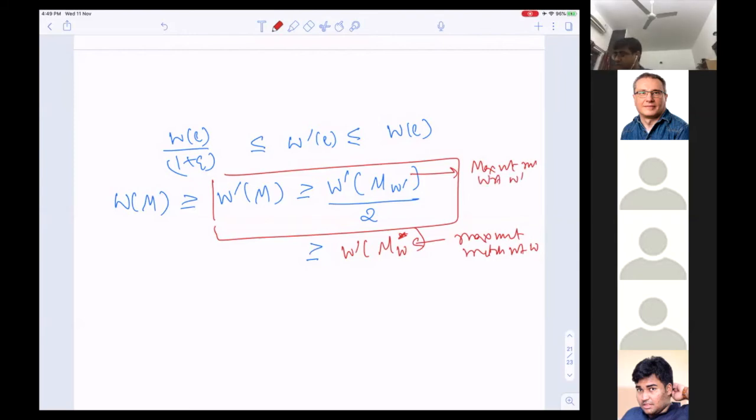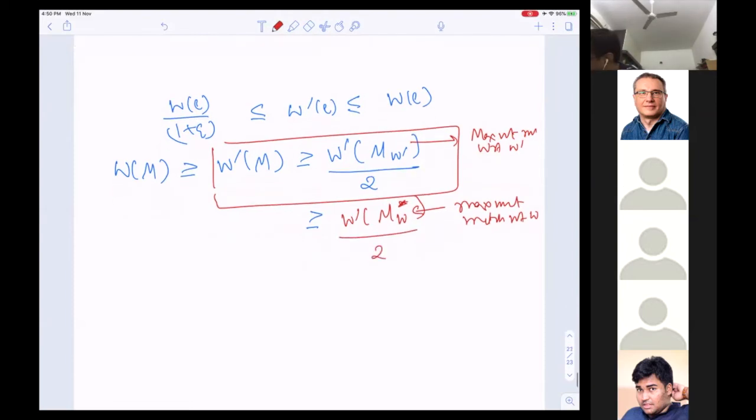Now, look, this is some set of matching edges. With respect to W prime, this is the best weight you can hope for. M star W is some set of edges. Now let's sum the weights of those edges. With respect to W prime, this will be only smaller than the maximum weight matching, which is equal to 2.